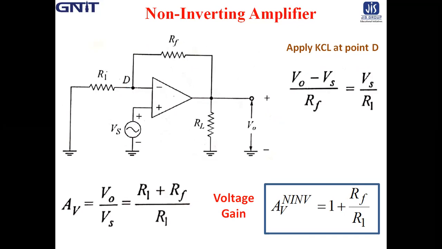So the non-inverting gain is given by AV, which is the ratio V0 by Vs, and which is equal to (R1 plus Rf) by R1. So the voltage gain of the non-inverting amplifier is 1 plus Rf by R1.